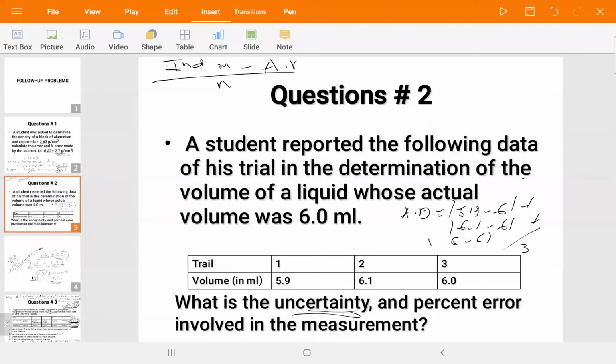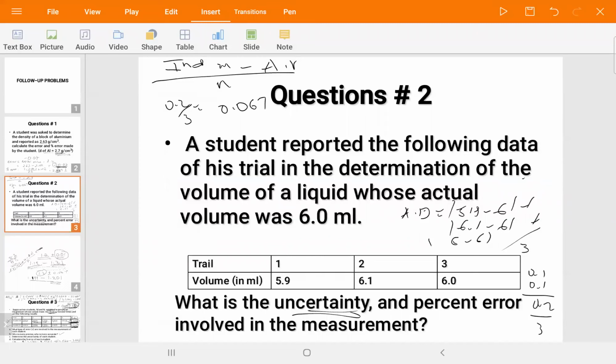So this is 0.1 and 0.1, one is 0 so we leave it, 0.2 over 3. Now 0.2 over 3 is 0.067.